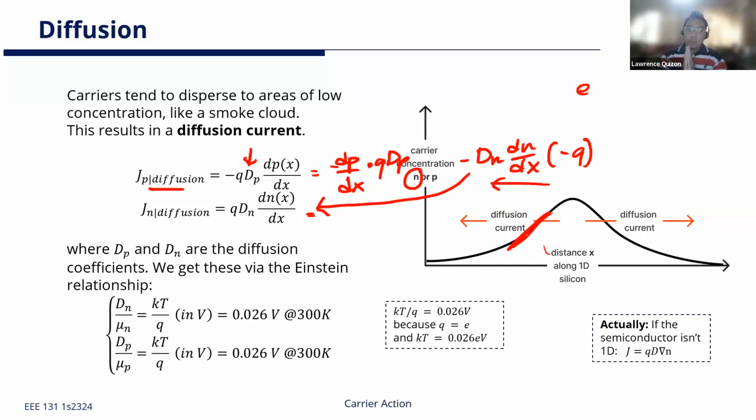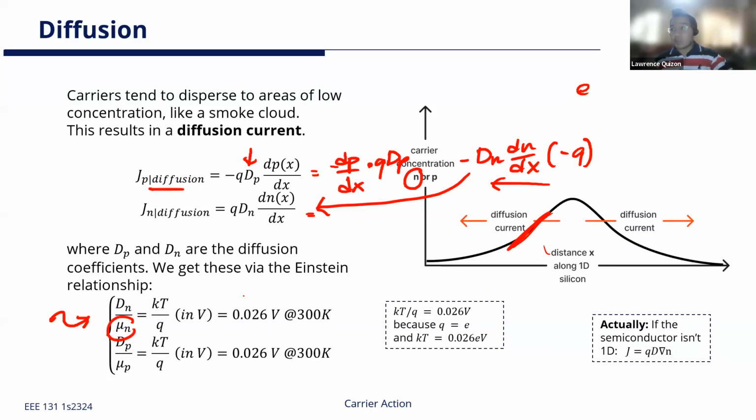Now, how do we get the diffusion coefficients? You'll see later on actually how we got these equations, but for now, let's just thank Einstein. Thank you, Einstein, because these are the Einstein relationship, no?